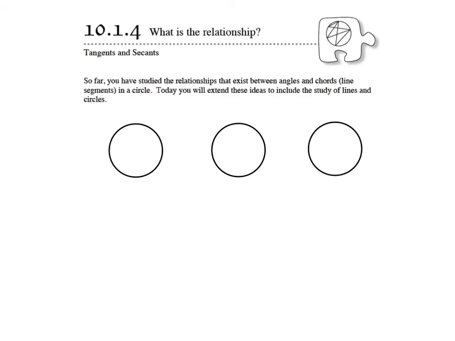So we've done a lot of work with shapes in circles, but today we're going to briefly extend those to look at lines and circles. Now, when I look at lines and circles, one of three things can happen.